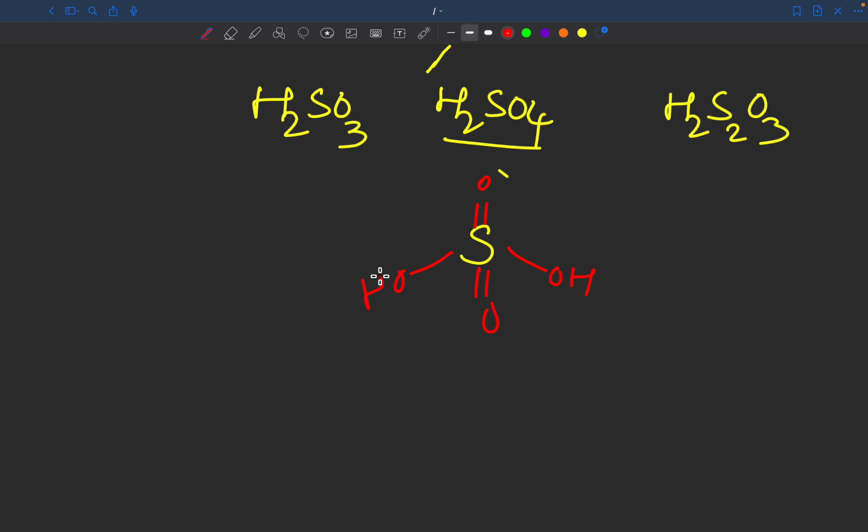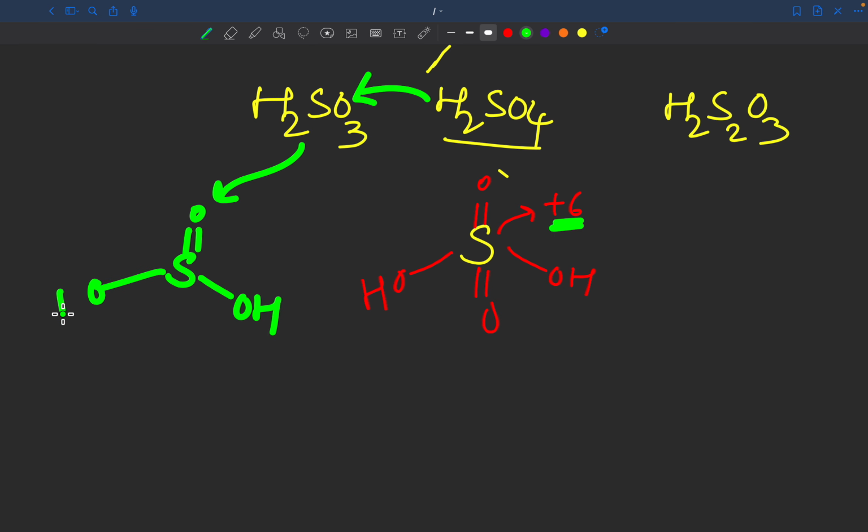So this is how sulfuric acid should be. This sulfuric acid has oxidation number +6, the sulfur's oxidation number here. So you have to get sulfurous acid from this. What to do? Remove one oxygen. So it will be sulfur with 1 oxygen and 2 more oxygens. That's it. So this place is occupied by a lone pair here.